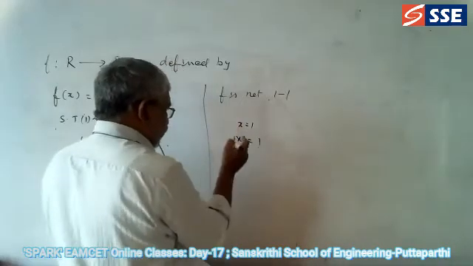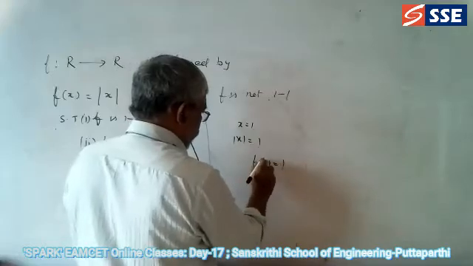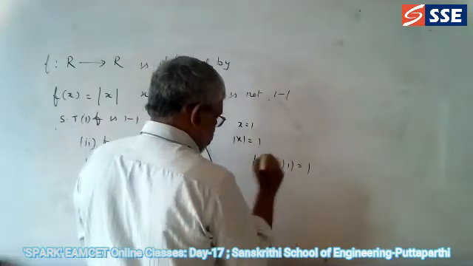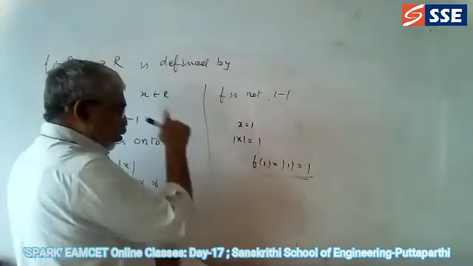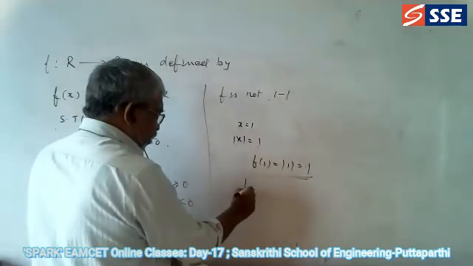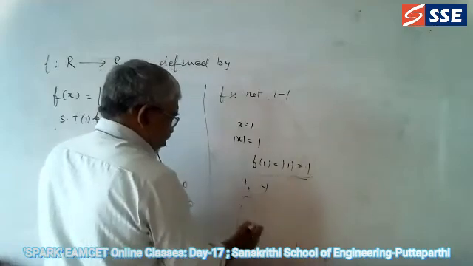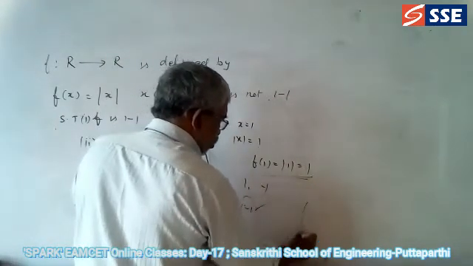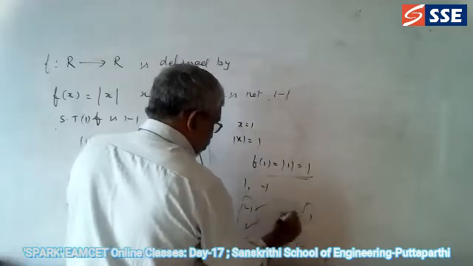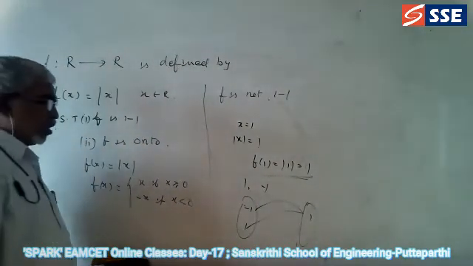That is, f of 1 is equal to modulus of 1 is equal to 1. But for this 1, two pre-images are there. 1 and minus 1 are the two pre-images. So in the domain, minus 1 also goes to 1 and 1 also goes to 1.